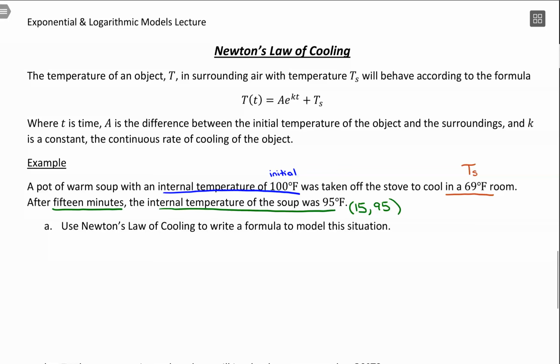So with this, we have T with the subscript of S, we have this coordinate. So in terms of what we need to fill in on our formula, we need this value A, which we can find as the difference between the initial temperature, which is 100, minus the room temperature, which is 69. So A is going to be equal to 31.